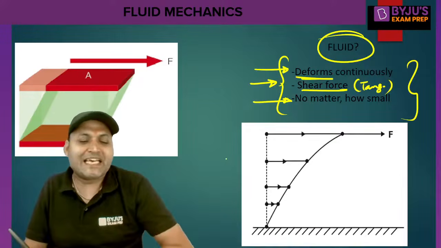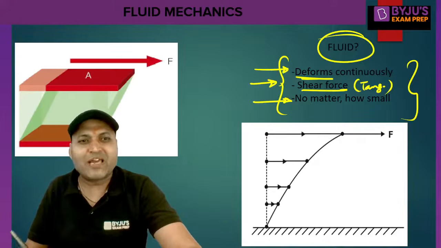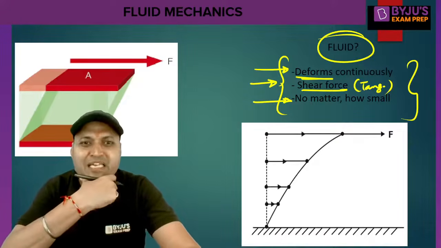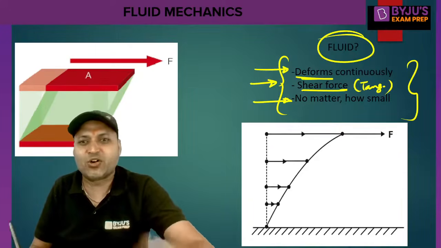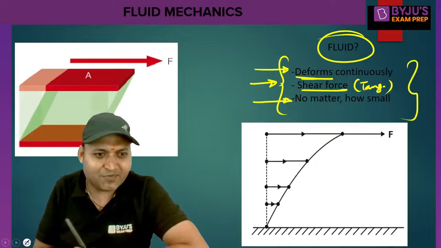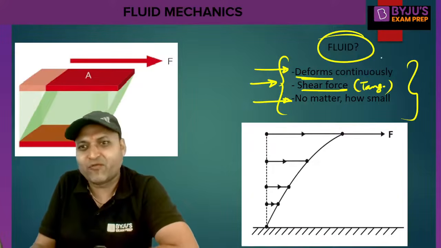If the substance is having an angular deformation continuously whenever we apply the tangential force, no matter how small the magnitude, once the substance satisfies these 3 conditions, the substance will be a fluid.